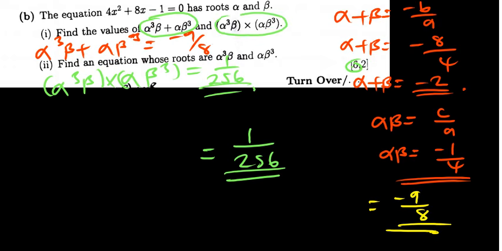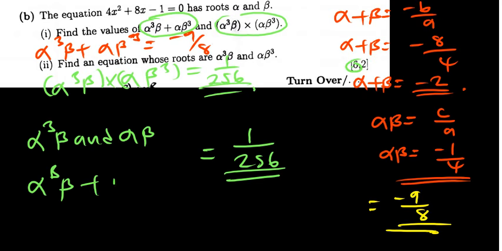But in a case where they ask you, like the second question, to find the value of alpha to the power 3 beta and alpha beta, then we would have said we need first to add this, and then again we need to find the product.